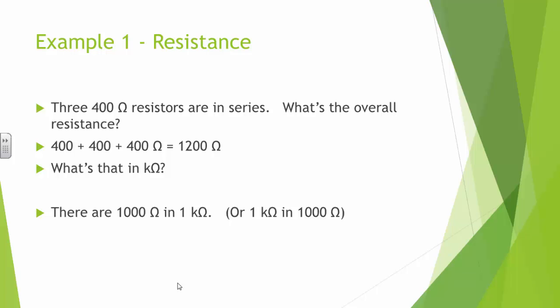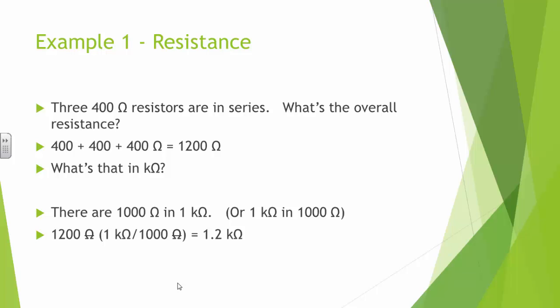Now, I like to call my approach to unit conversion multiplying by 1. You can take any approach you want. You need to realize that there are 1,000 ohms in 1 kiloohm. And so you can divide by 1,000 to get 1.2 kiloohms. Or you can multiply by 1.